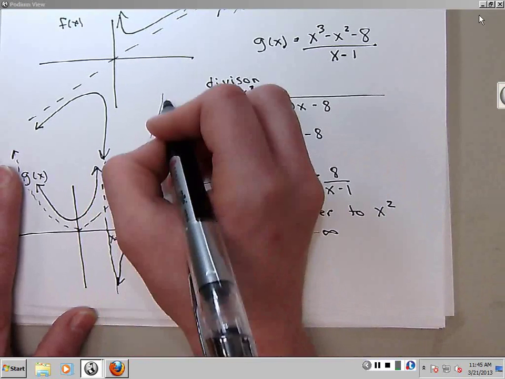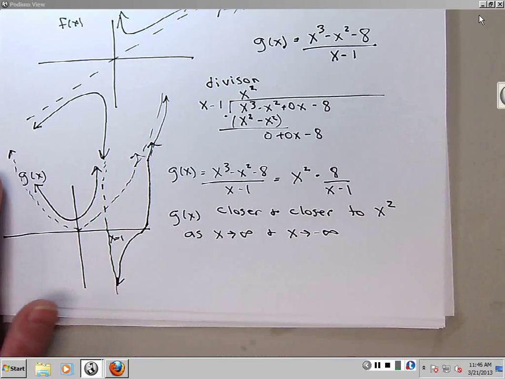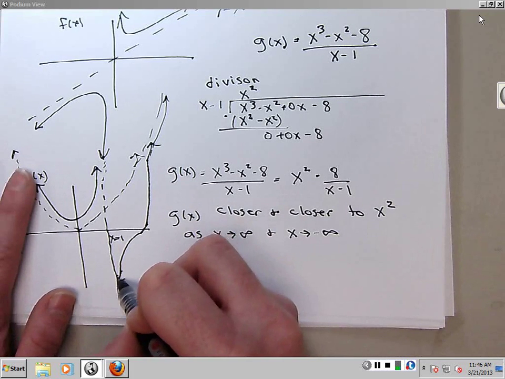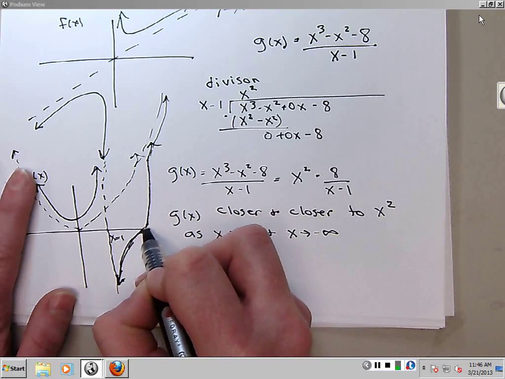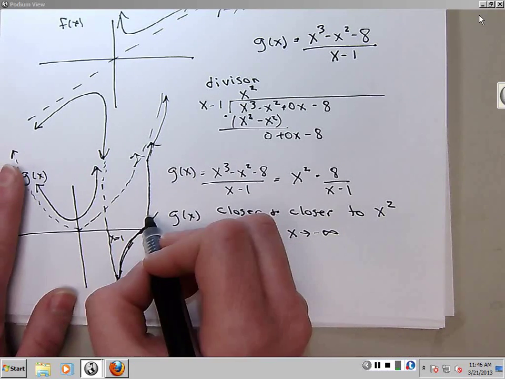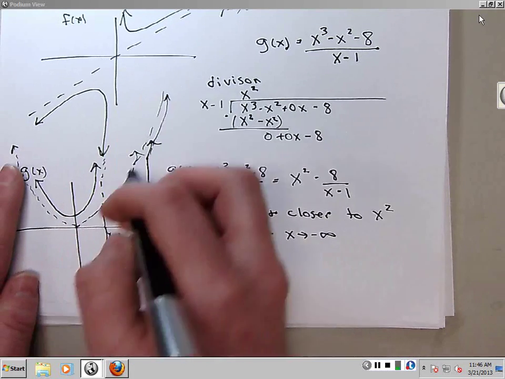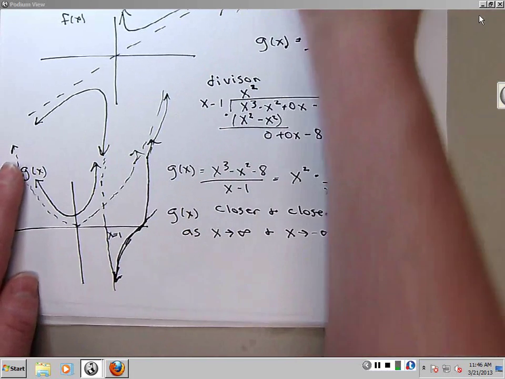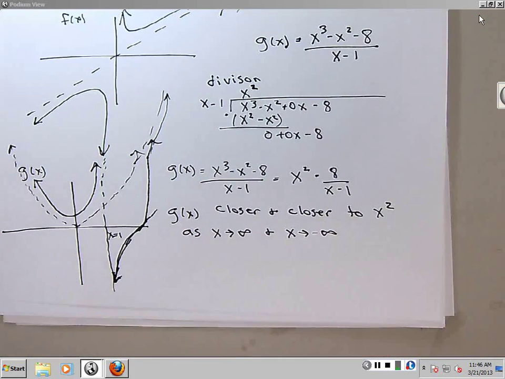So it's going to have to approach this line here. So here it's going to approach minus 1, but if it's going to go away from it, at some point it's still a function, so it has to pass the vertical line test. And this is a quadratic function, right? That goes off to infinity. So eventually this is going to come back to approach that curve x squared.